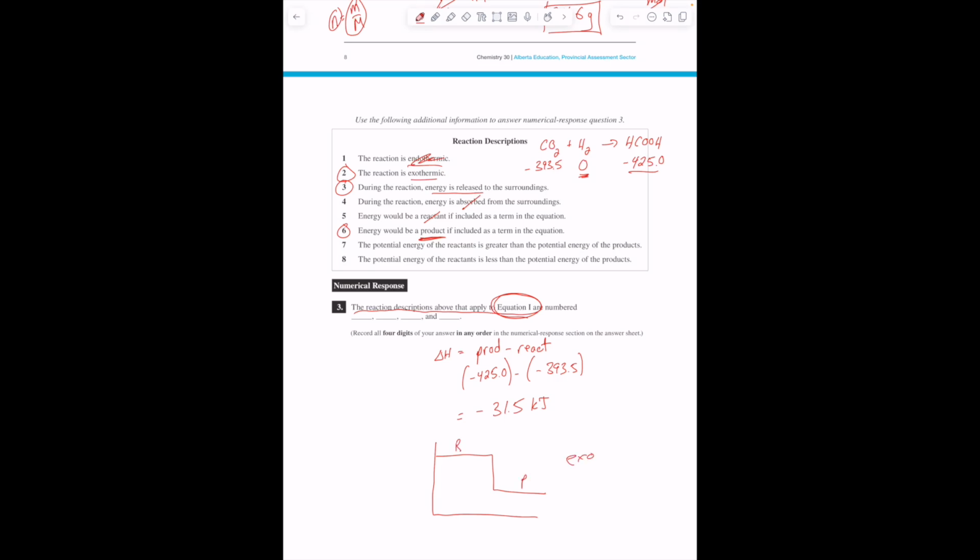Because it's exo, the graph has to go down. So the reactants are higher than the products. So the potential energy of the reactants is greater. That's true, not less than. So my answer is 2, 3, 6, 7. Okay.